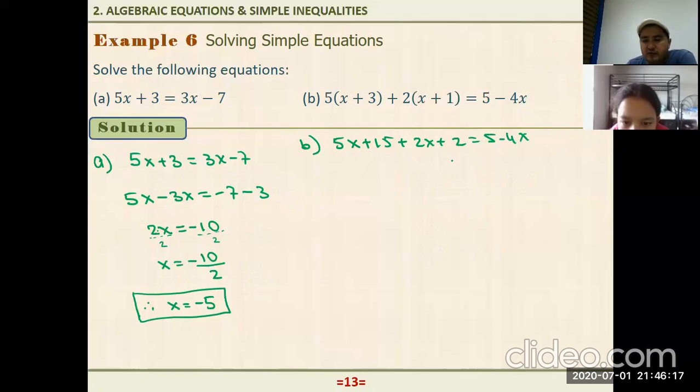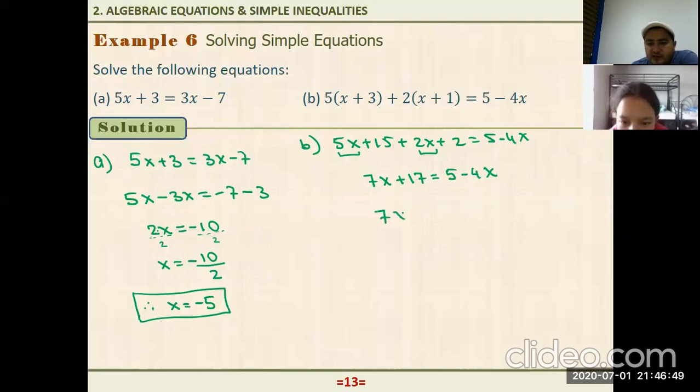Before we continue solving this equation, we need to simplify as much as possible. We know how to simplify this algebraic expression from the previous chapter. Here we have like terms, 5x and 2x. 5x plus 2x is 7x. Very good. 15 plus 2 is 17.